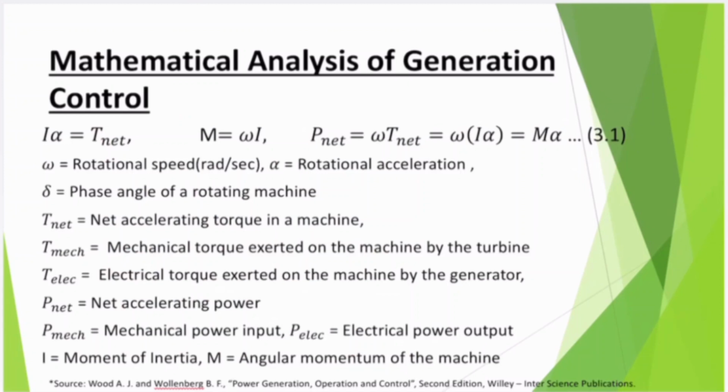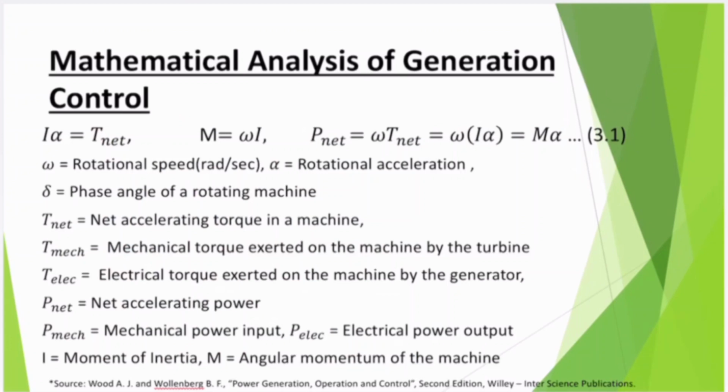So what is omega, which is rotational speed; alpha is rotational acceleration; delta is the phase angle of the rotating machine; T net is the net accelerating torque in the machine; T mechanical is the mechanical torque exerted on the machine by the turbine; T electrical is the electrical torque exerted on the machine by the generator; and P net is the net accelerating power.